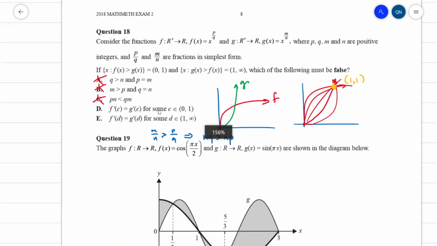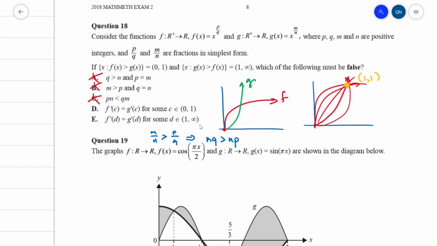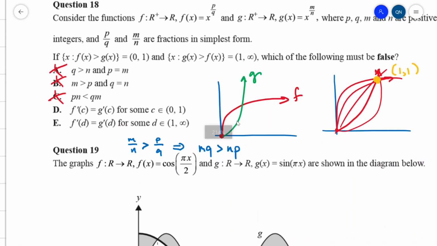For D, f prime of c equals g prime of c for some c on the interval 0 to 1. So on the interval 0 to 1 here, it's basically saying that the gradient is the same at some x value. In this case, it's going to be true, because the concavity is different on both of these functions on that interval, so you can definitely find some value c where if you draw tangents there, the tangents are going to be equal to each other.